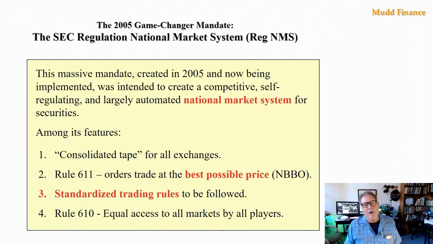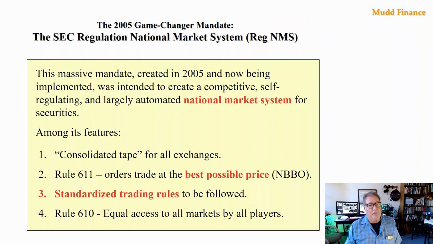Now, this was refined in 2005 by the game-changing mandate, as I say, that was referred to as Reg NMS. Remember in the class that I was describing the difficulty of getting limit orders arranged so that they appear at the proper place in the queue.